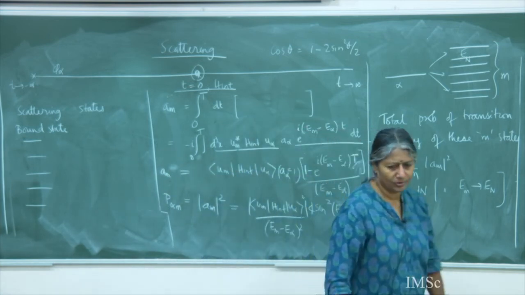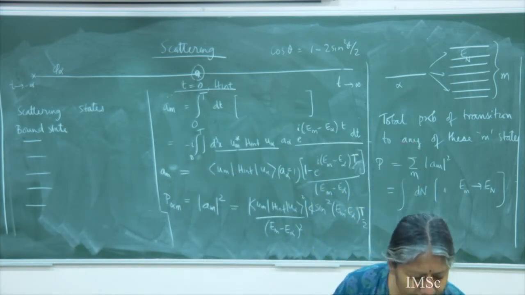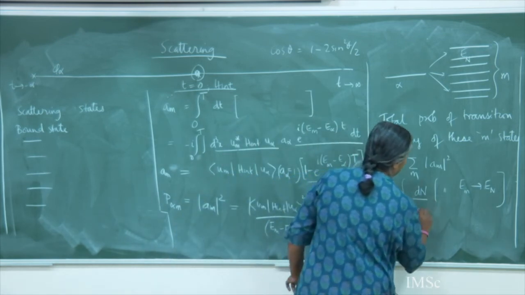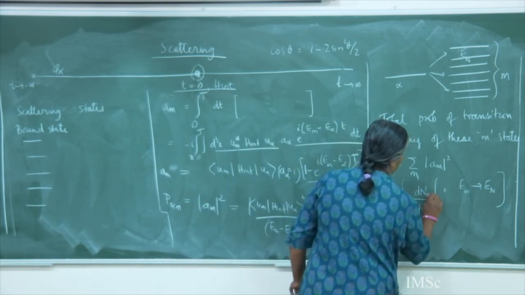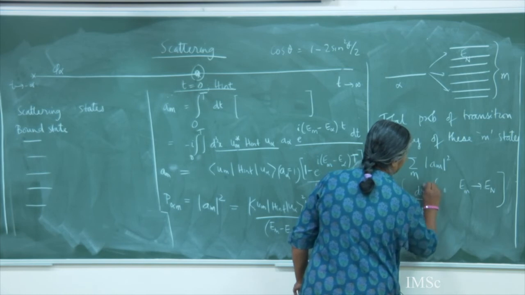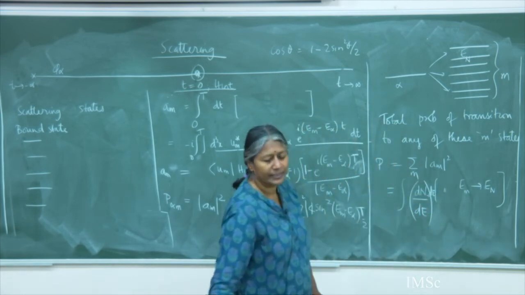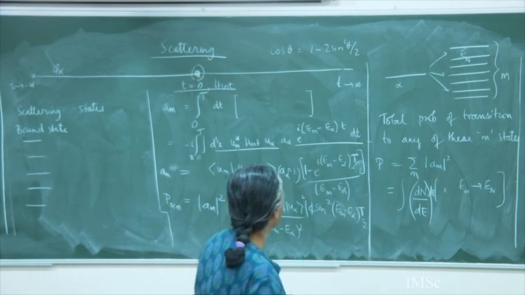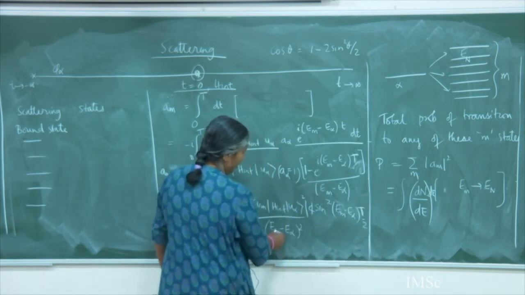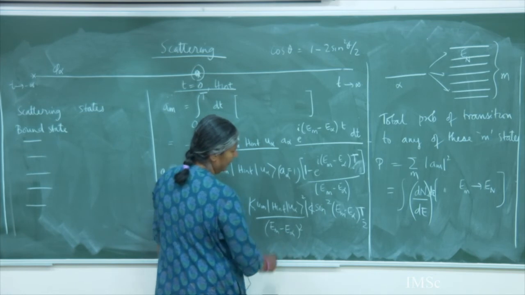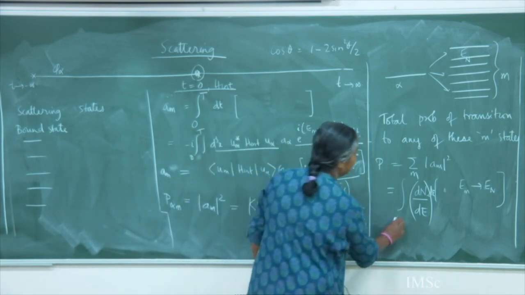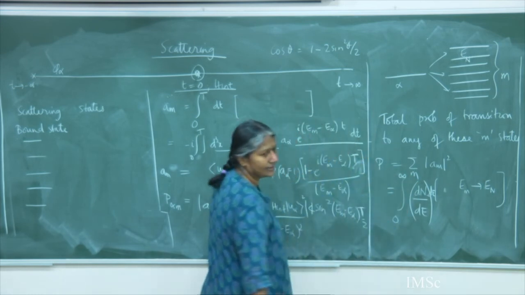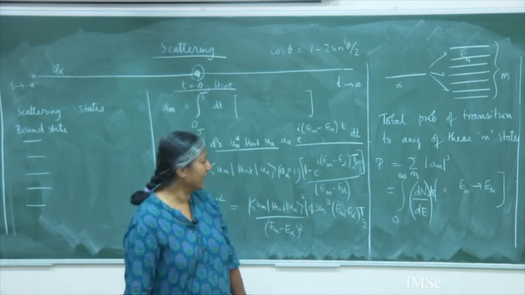And now I can do the final thing. I can replace dn as dn/dE times dE. So I can convert the integration from n to E, and because this energy denominator will kill states which are very far away from E alpha, I can simply extend the energy integration from 0 to infinity. Is this clear? What all steps I have done?